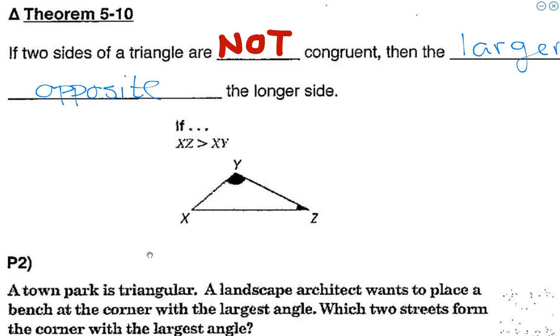So if XZ is greater than XY, that means angle Y is going to be greater than the measure of angle Z.